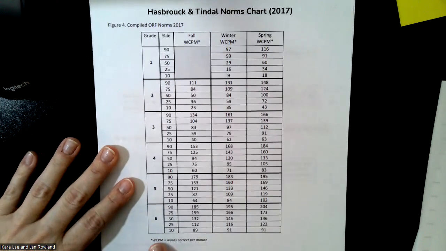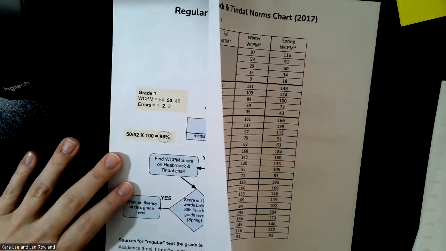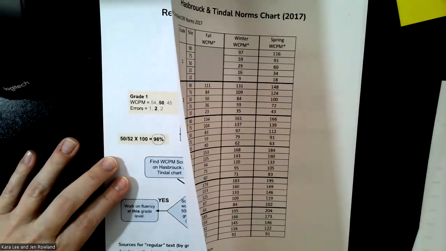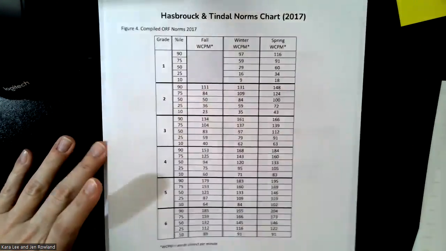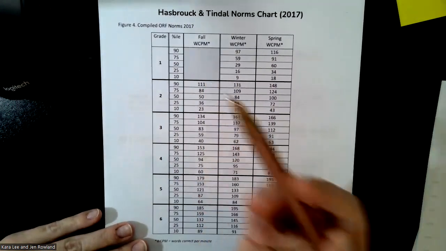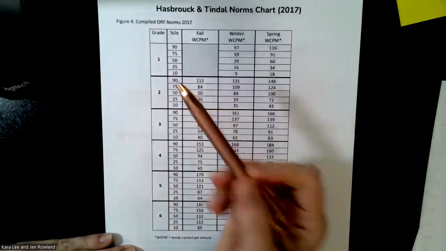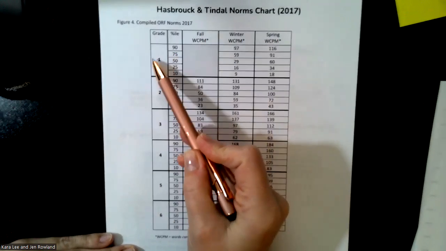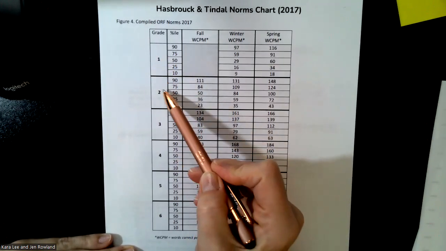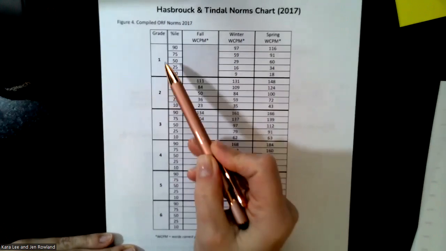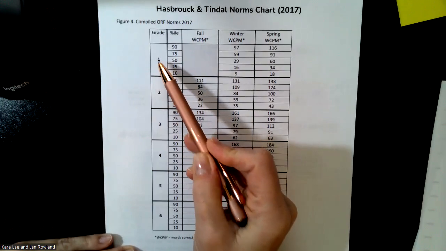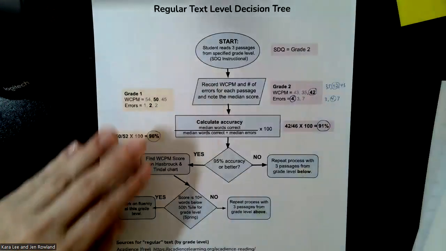So when it says find the words correct per minute score on the Hasbrook and Tyndall chart, I'm finding it for the grade level that they read, which remember now is 1st grade, because 2nd grade accuracy wasn't good enough. So I'm in 1st grade. Okay, so that's where I'm looking.